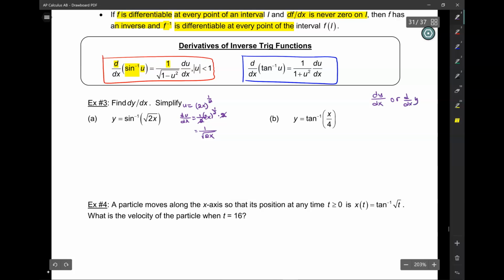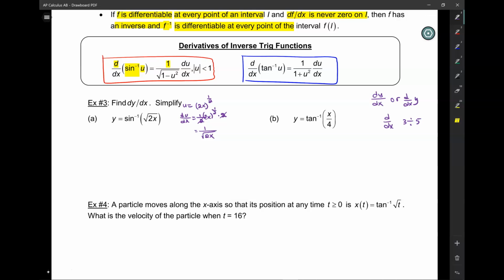Those are okay. d dx is just an operator, like a division operator. It doesn't make sense without numbers in front and in the back.